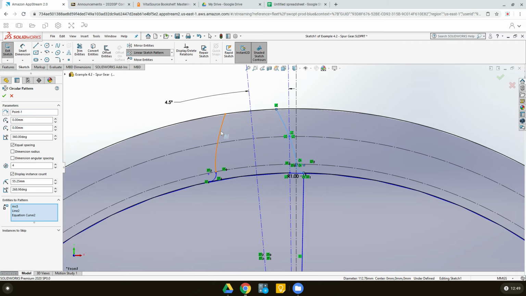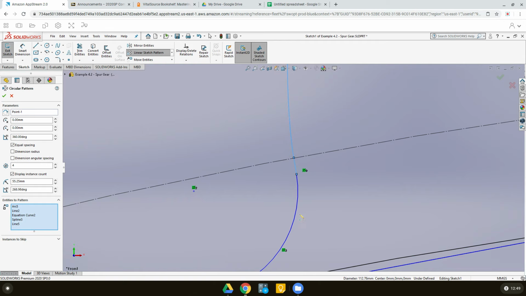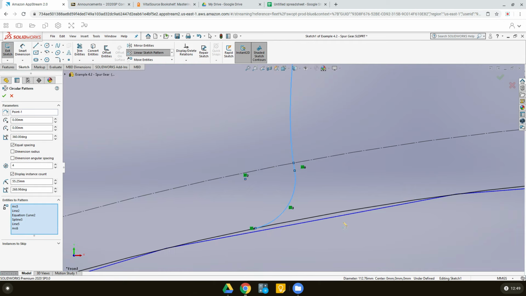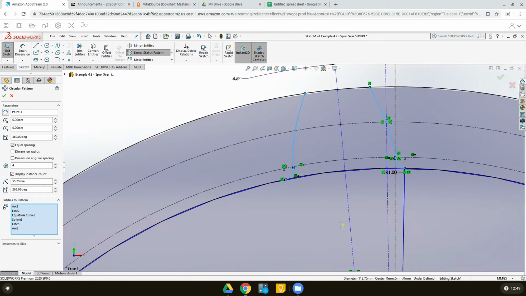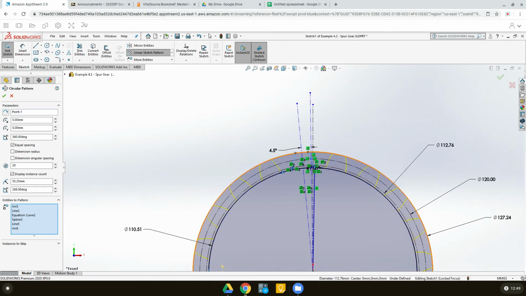We also need to select this involute profile, then this small line here, and this fillet. So 6 things we want to pattern, right? How many teeth do we want? We want 20 teeth, and you can see the preview here.